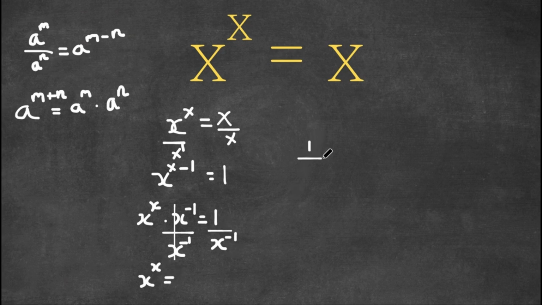And 1 over x to the power of negative 1 is the same thing as 1 over x to the power of 1, so this would be 1 over x. And 1 over x is simply equal to x. So 1 over x to the power of negative 1 is simply just x. So now we get x to the power of x is equal to x.